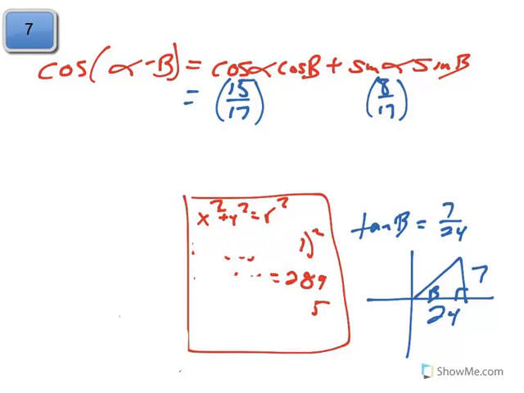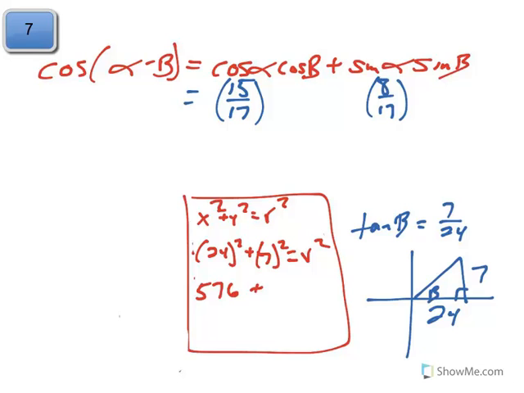To figure out what r is, use the Pythagorean Theorem. X squared plus y squared equals r squared. X is 24. Y is 7. We don't know what r is. 24 squared is 576. 7 squared is 49.